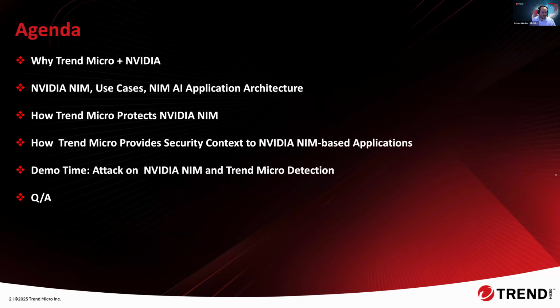We'll then have a brief demo with some attack detections around NVIDIA NIM containers and how Trend Micro detects those, and then wrap up with any questions that folks have, and we'll try to address some of those questions.